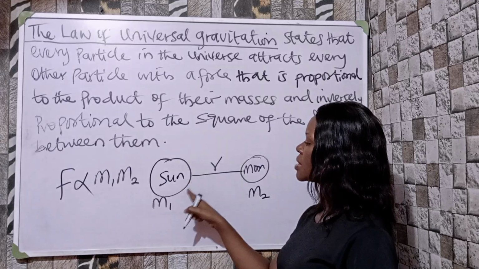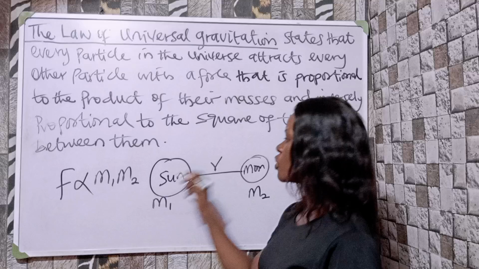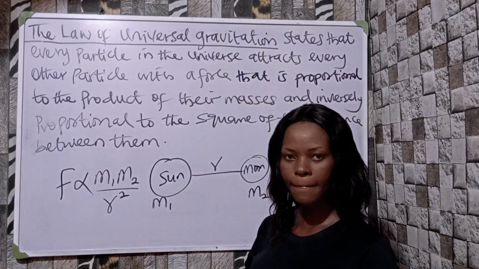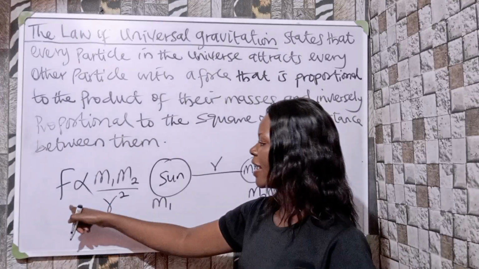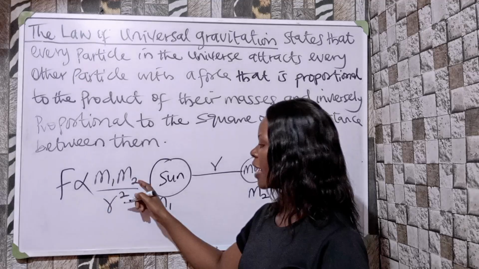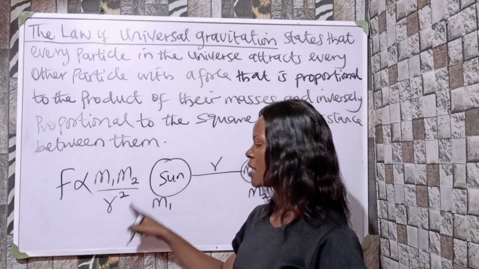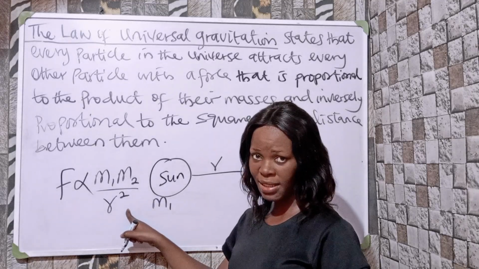So the square of the distance separating the sun and the moon is r. So it means that it is over r square. Do we understand? So the law says that F is directly proportional to the product of the masses m1 m2, and inversely proportional to the square of the distance separating them. That is over r square. Hope you get it now.